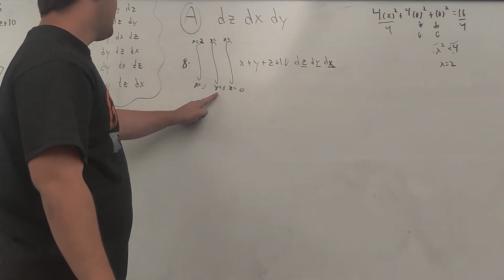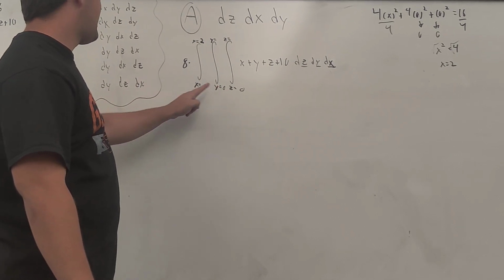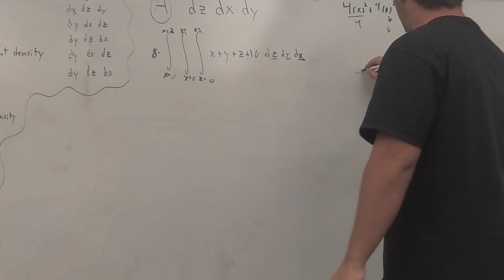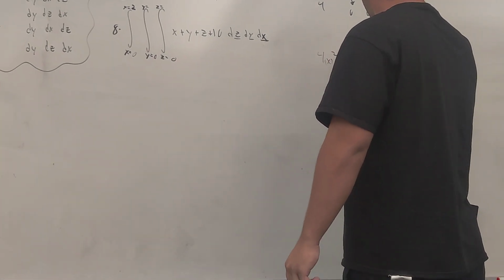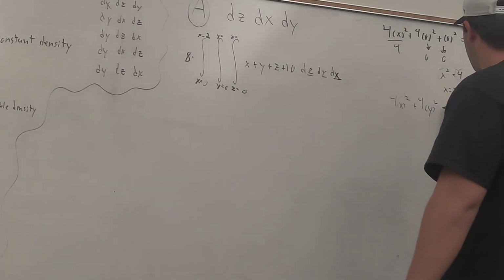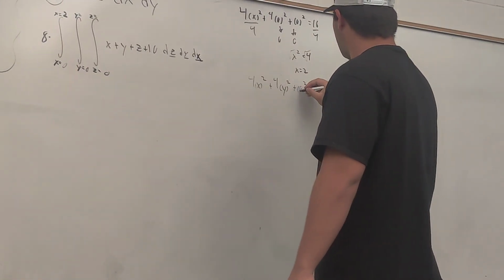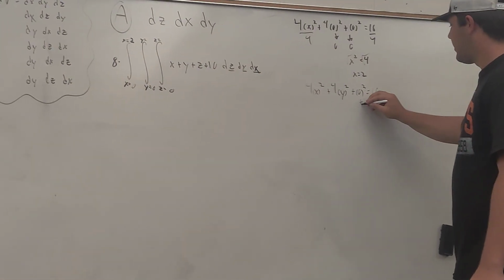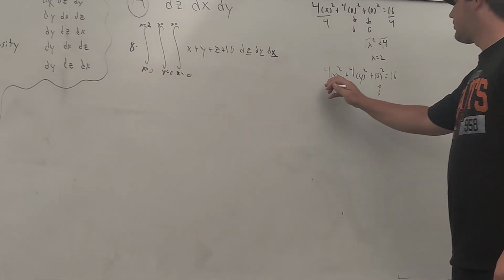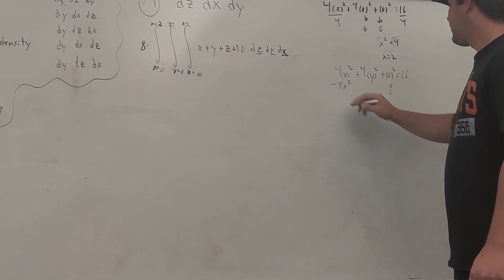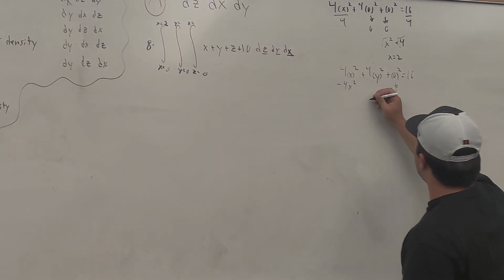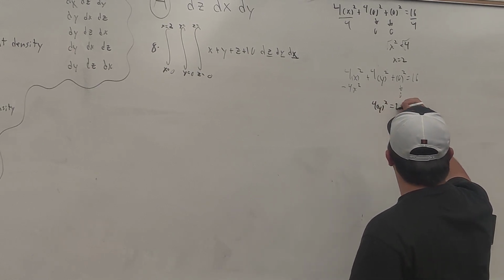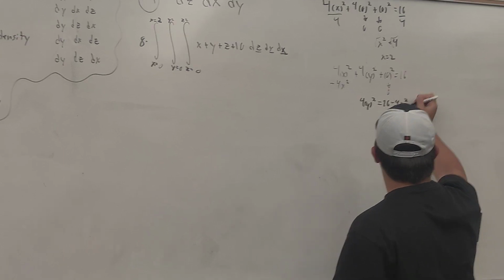Now you do it for y, but this is in terms of y and x, so you leave x in it. You go 4x squared plus 4y squared plus 0 squared, because z isn't used right now. We subtract 4x squared to the other side, leaving 4y squared equals 16 minus 4x squared.